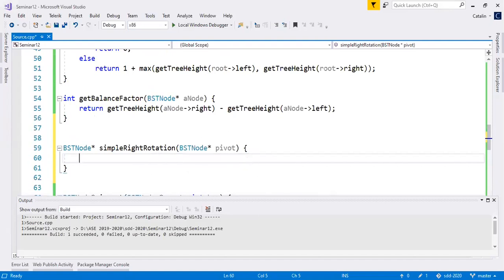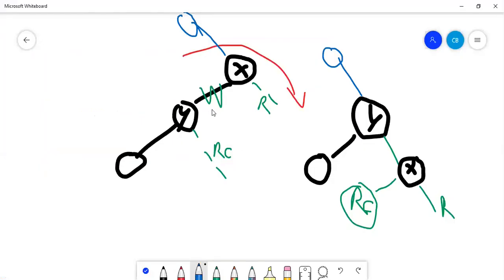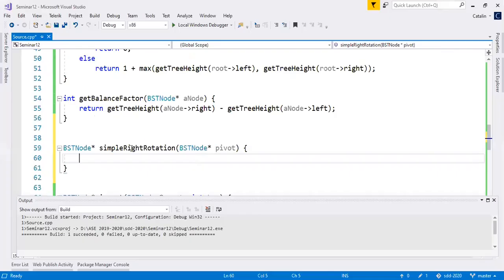So accordingly with the drawing, this will happen. The left sibling, and let's get a pointer to it in order to do that in multiple steps. So I will do a BST node, and let's say this is left sibling equals pivot left.